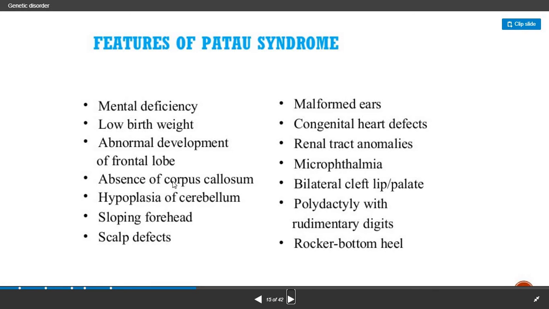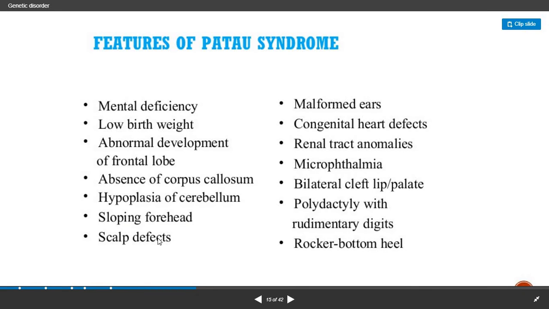Students, you have learned in 10th standard what the corpus callosum is: a band of tissue connecting the two cerebral hemispheres. Hypoplasia of cerebellum: hypoplasia refers to underdevelopment of a tissue or organ, and the result is that the individual may have fewer cells.